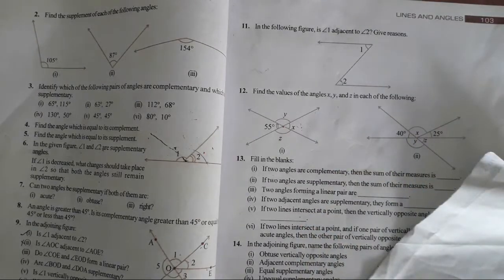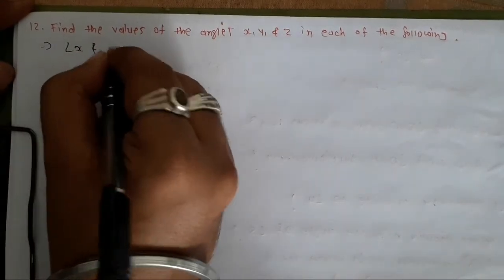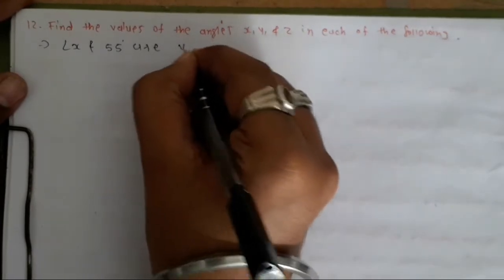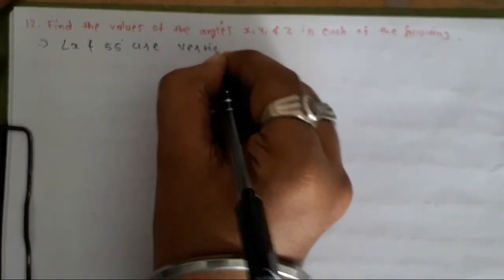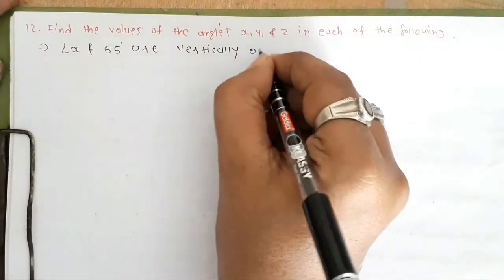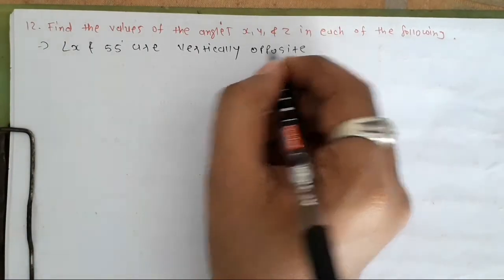So here we may write: angle x and 55 degrees are vertically opposite angles.